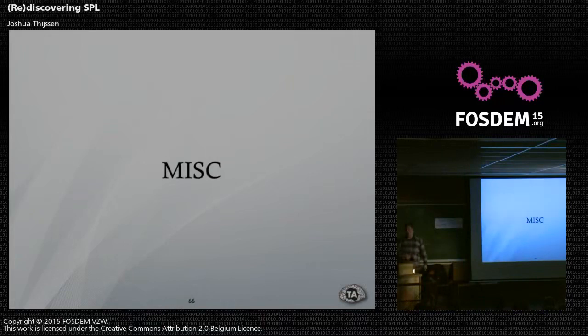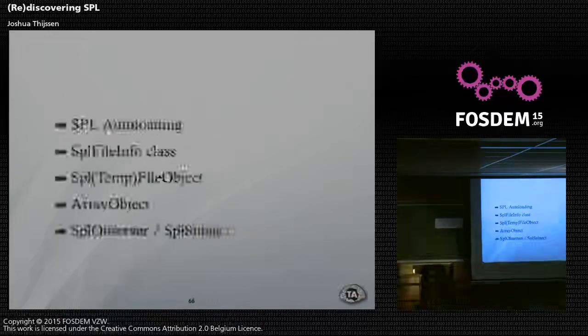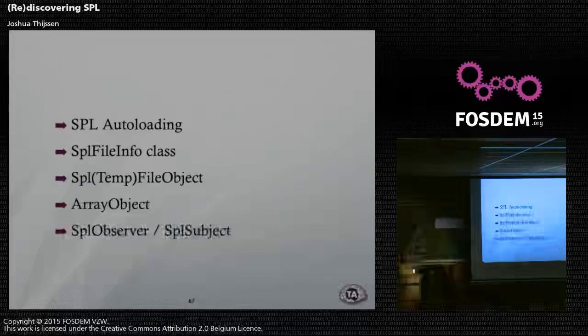The SPL has got all kinds of miscellaneous functionality. Things like SPL autoloading, which we don't really have to deal with anymore because everything is Composer right now, hopefully. They have things like SPL file info classes, which is really awesome because the directory iterator, etc., uses SPL file info classes. So you get all the file functionality inside a neat object.